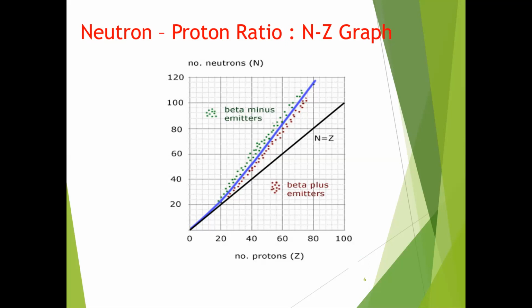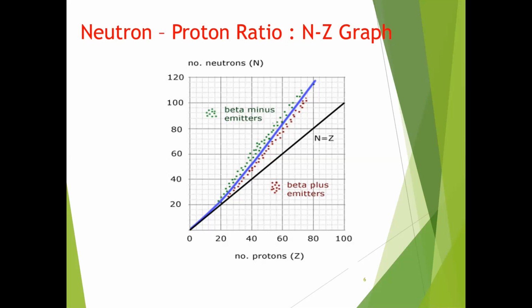So if you see the graph up to atomic number Z equal to 20, the numbers of neutrons and protons are the same, so we get a straight line. All nuclei with Z less than 20 are stable nuclei.